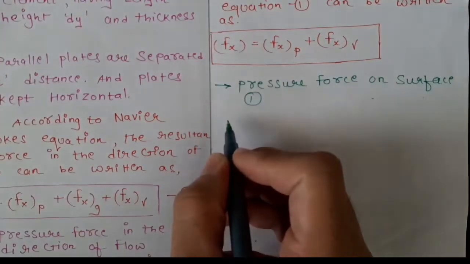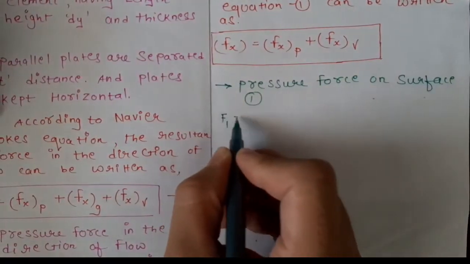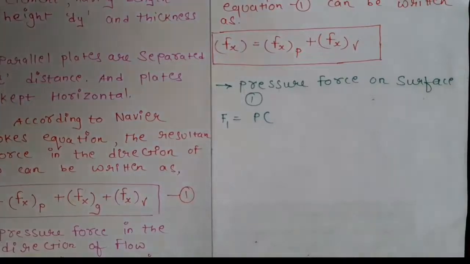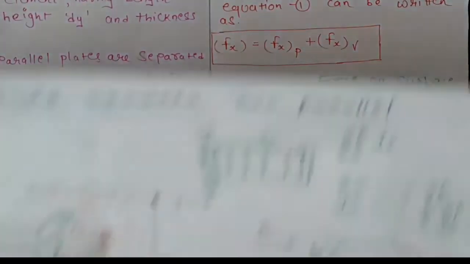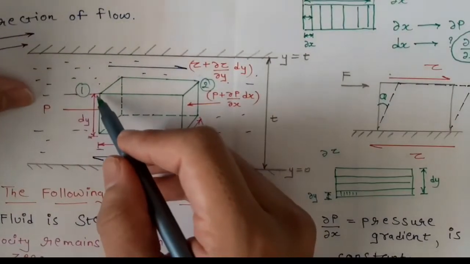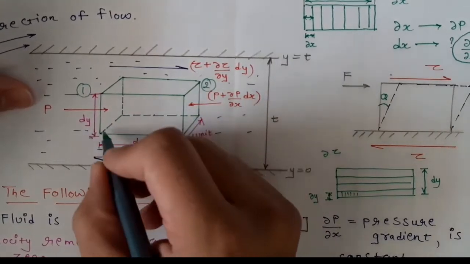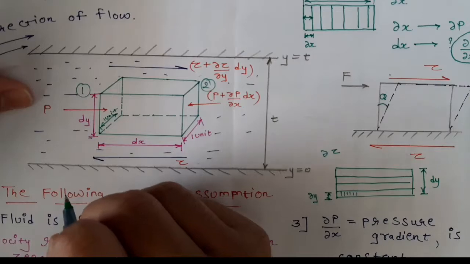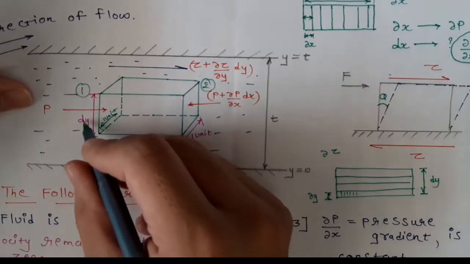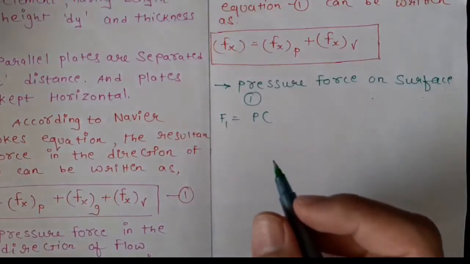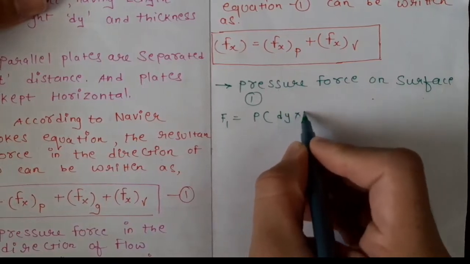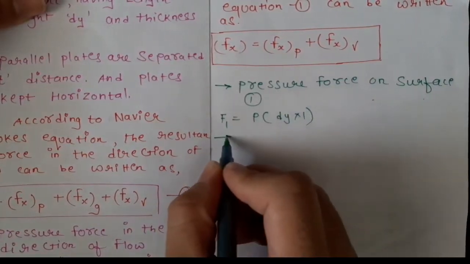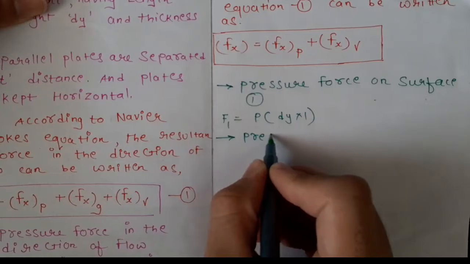What will be the pressure force on surface 1? It will be F1 equals pressure into the area of surface 1. Here we have the length of surface 1 as dy and the thickness as 1 unit. So it will be length into breadth, dy into 1. Now we will see the pressure force on surface 2.